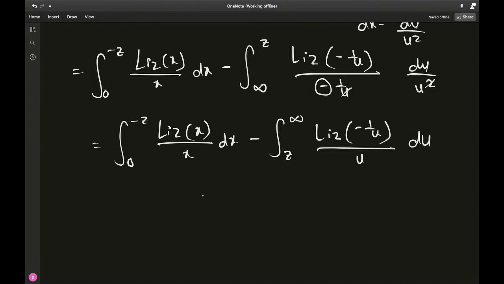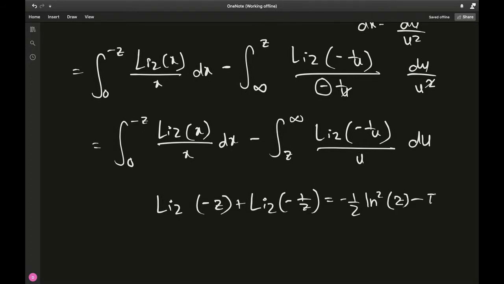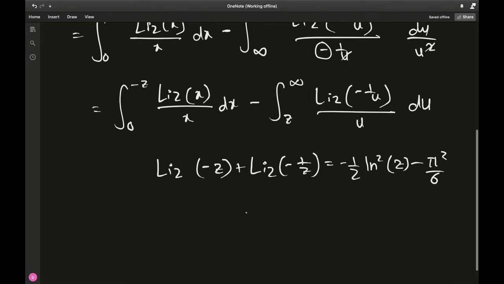Now I would like to use certain identities for dilogarithm functions. The inversion formula for the dilogarithm function is: the dilogarithm of negative z plus the dilogarithm of negative 1 over z is equal to minus half natural log squared of z minus pi squared over 6.